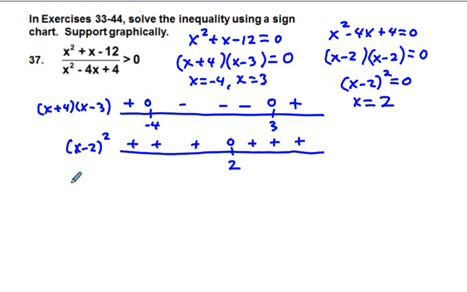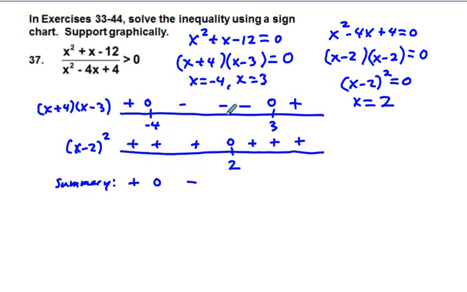So our summary is going to be, we have positive for less than -4. We have 0 at -4, 0 divided by positive. We have negative between -4 and 2.